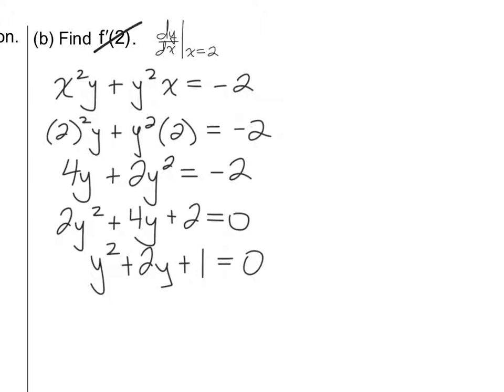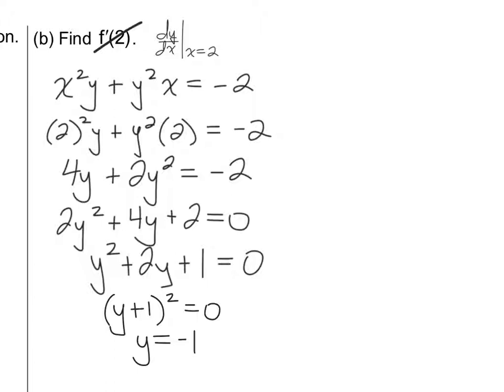What are my factors? y plus 1, y plus 1, which means that y would have to be equal to -1. So at long last, we have the y value that goes along with the x value of 2. Now we have everything we need to plug into my derivative.